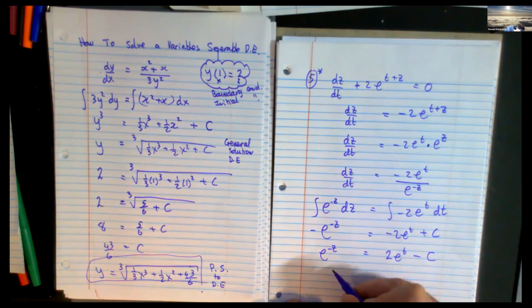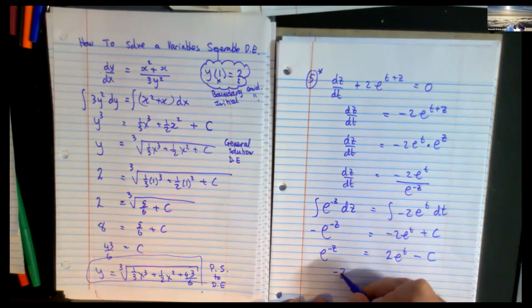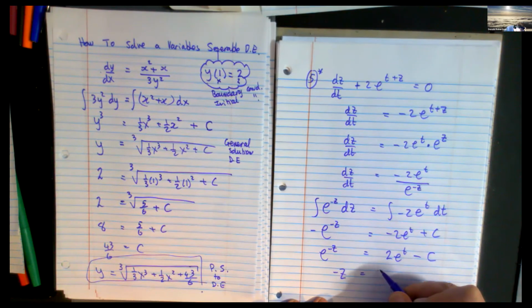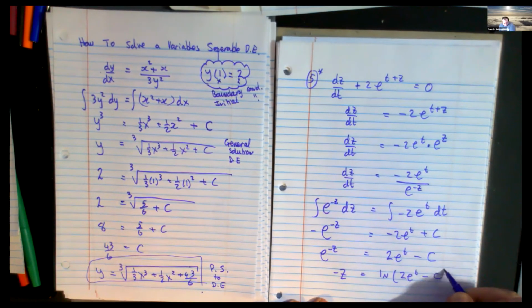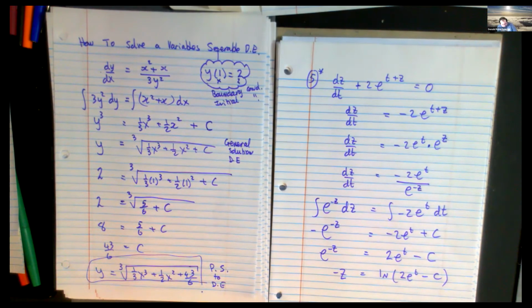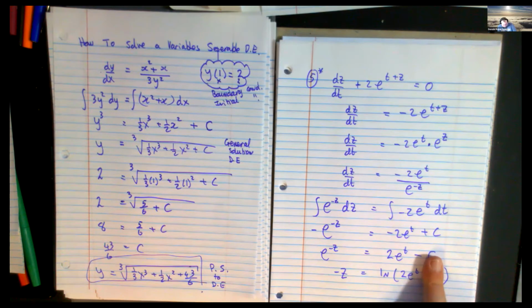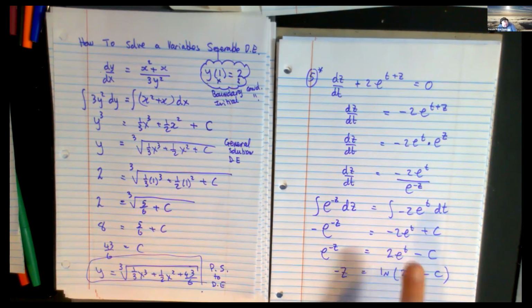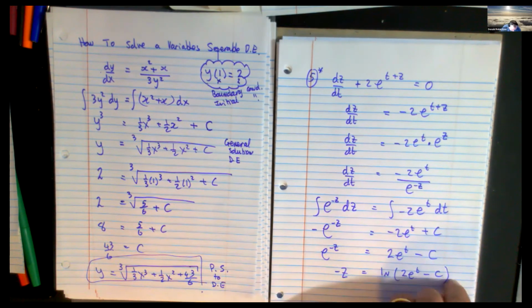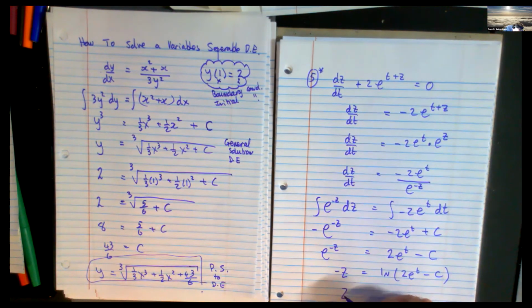Take the natural log of both sides. Now notice the natural log is of the whole package. It's not the natural log of this, take away the natural log of that. It's not separated. It's one single natural log. And you're finished.